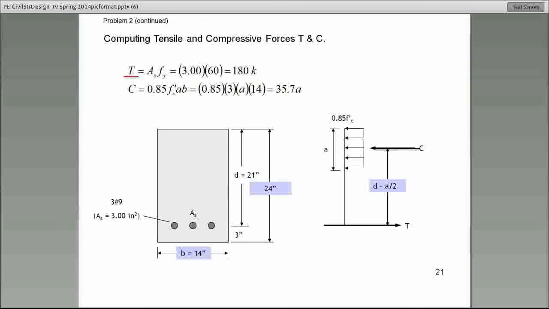So T, the total load on the tension side, is As times fy, this thing here. As times fy. In this case, it comes out to be 180. This K, by the way, please just go ahead and write kips. That is 180 kips.